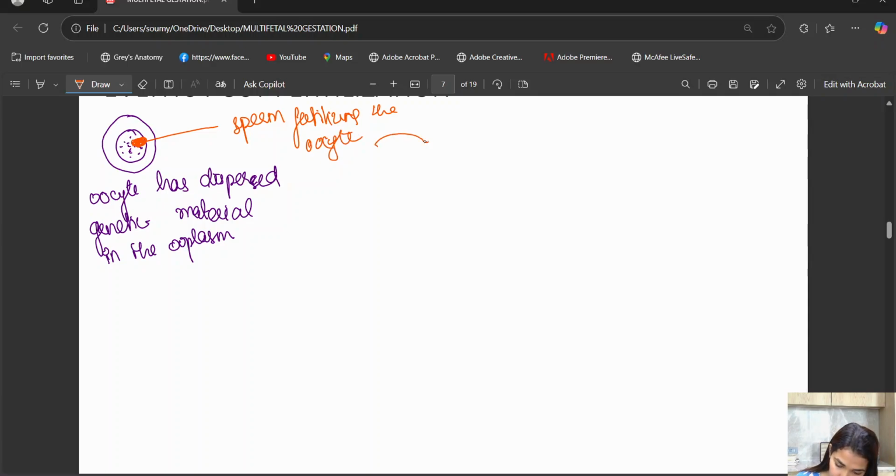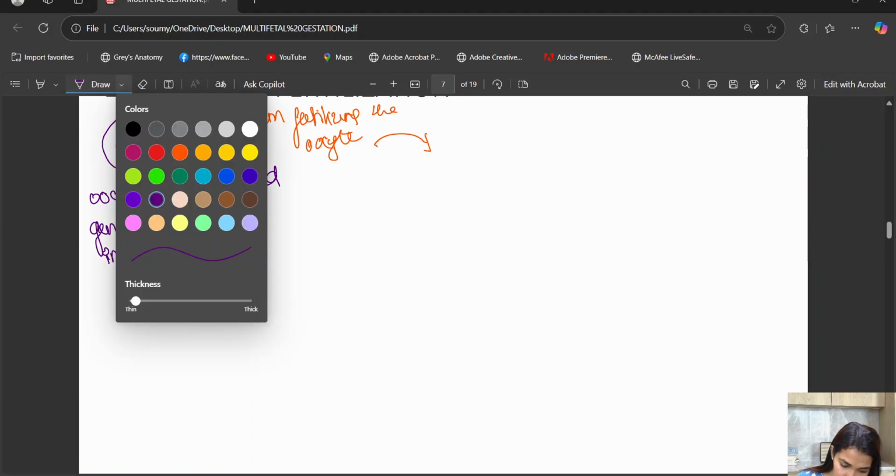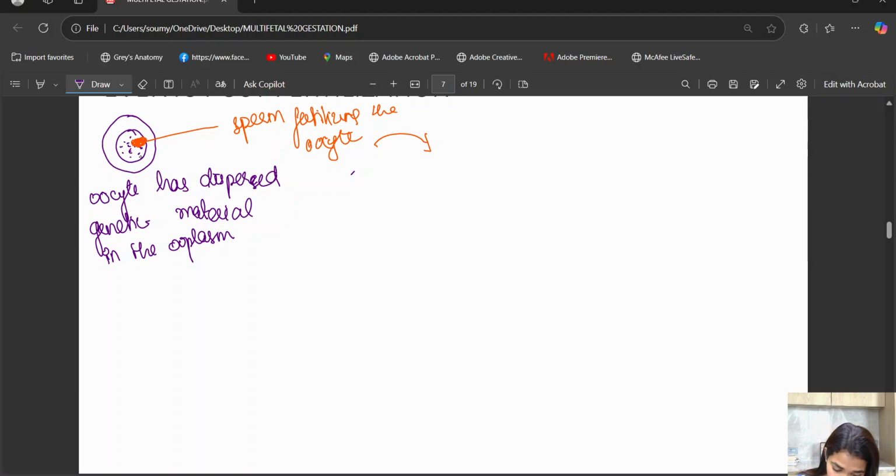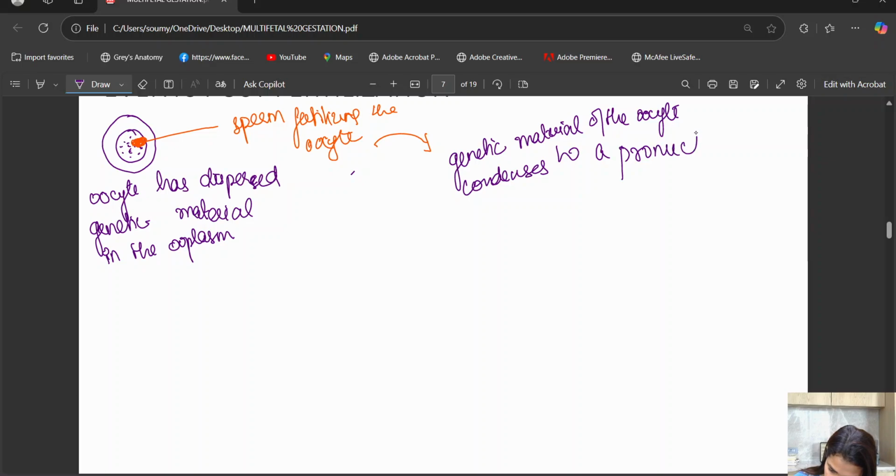When this happens, when the sperm is fertilizing the oocyte, the genetic material of the oocyte condenses to form a pronuclei. हमने कहा था कि genetic material inside an ovum is dispersed in the ooplasm, and now when fertilization occurs, at that point the genetic material within the oocyte condenses.